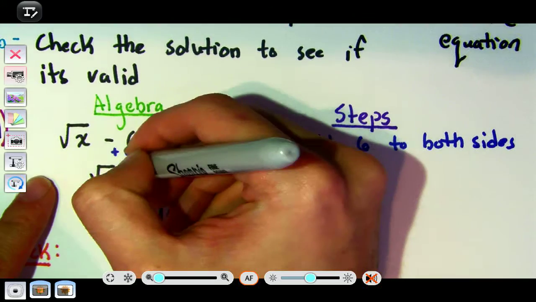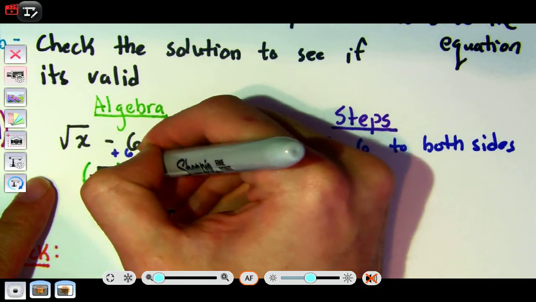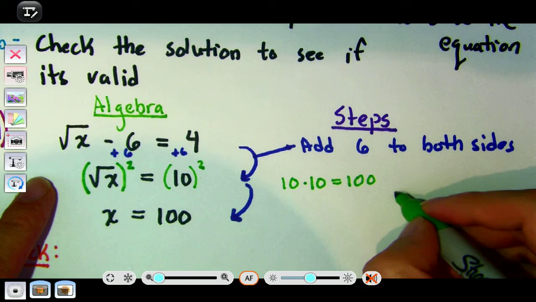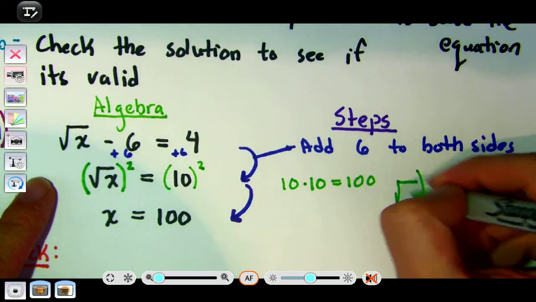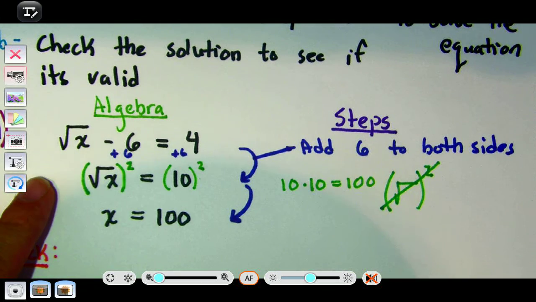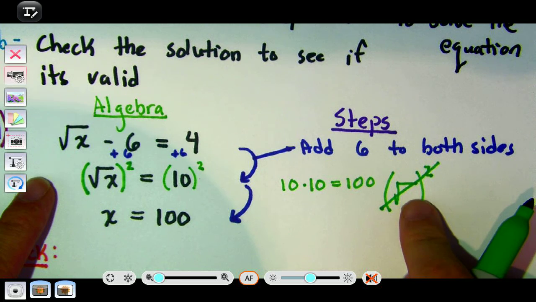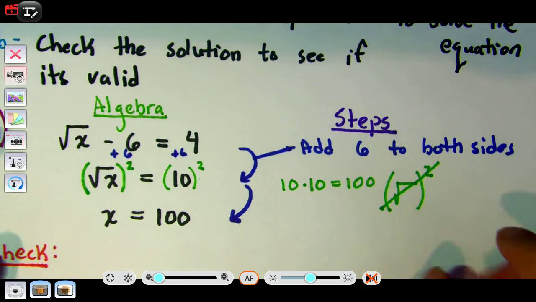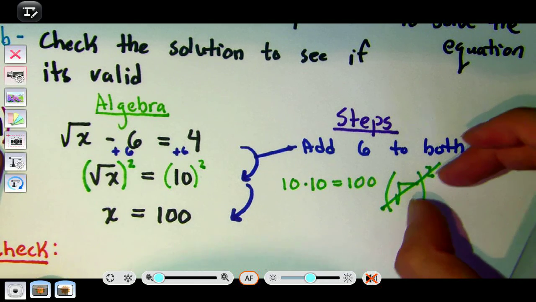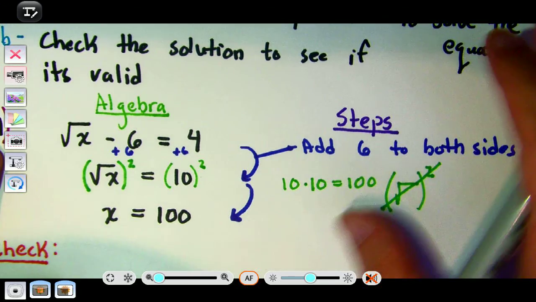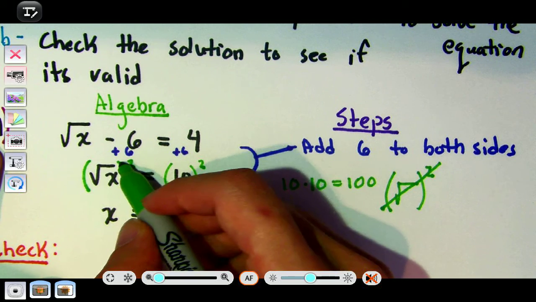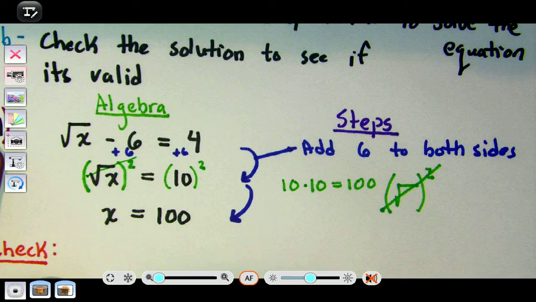Here, what you're doing is you're squaring this square root of x. And if you have the square root symbol, and you square it on the outside, these two cancel each other. Why they cancel each other, I will explain not in this video, but later on when we go deeper into this topic. But for now, let's just assume that the squaring and the square root cancel. So we're just left with x equals 100.